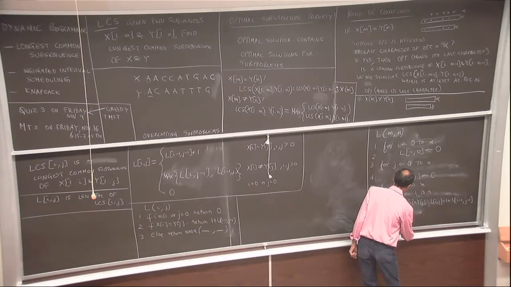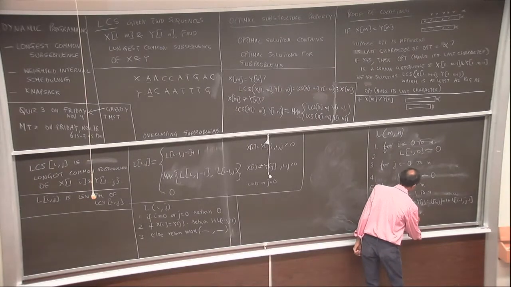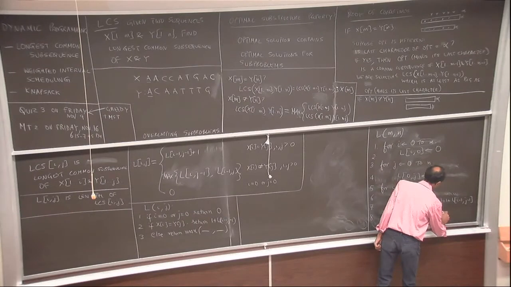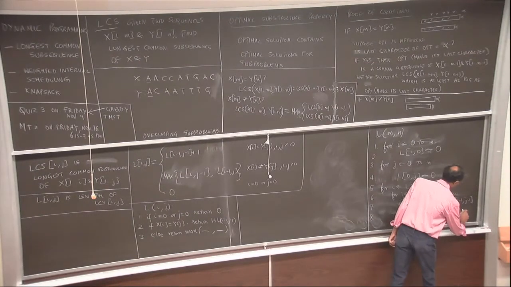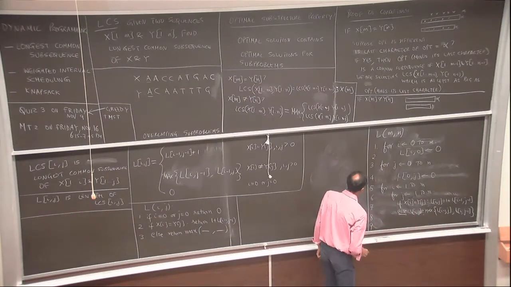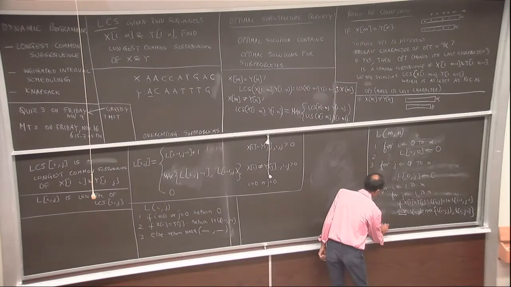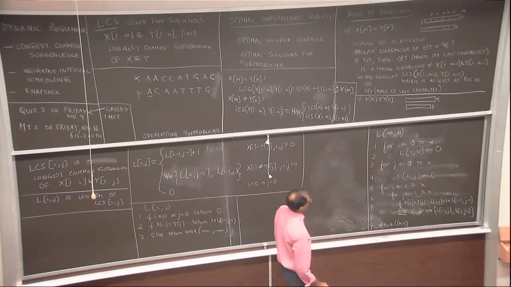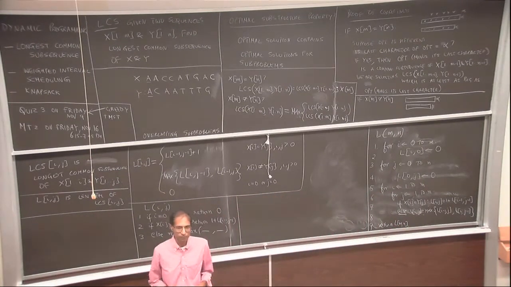Else L(i,j) equals max of L(i minus 1, j) and L(i, j minus 1). And then you return L(m,n). Okay.